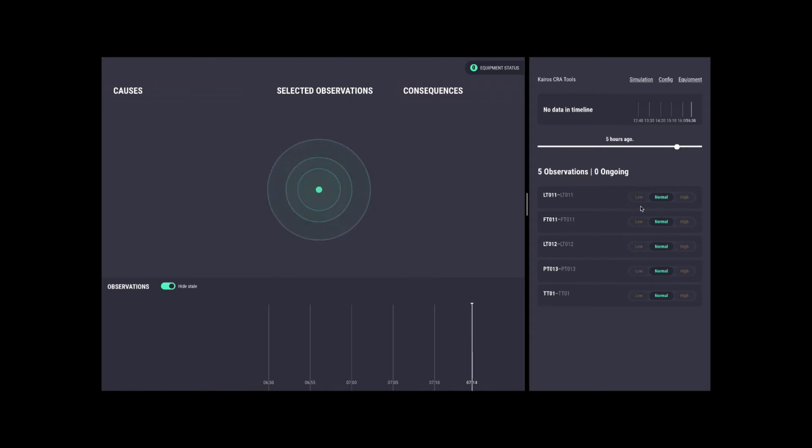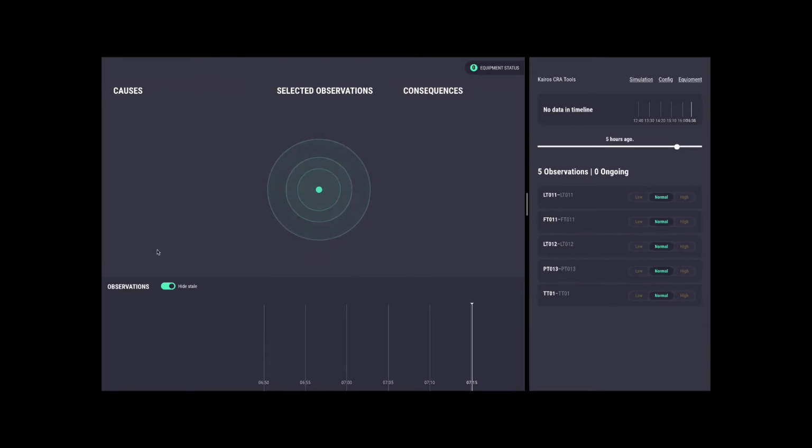I have the ability to change the state from normal to either low or high, indicating that we have now observed that, in this case, the water level is low or high. On your left side you see the control room assistant. Currently nothing is showing.